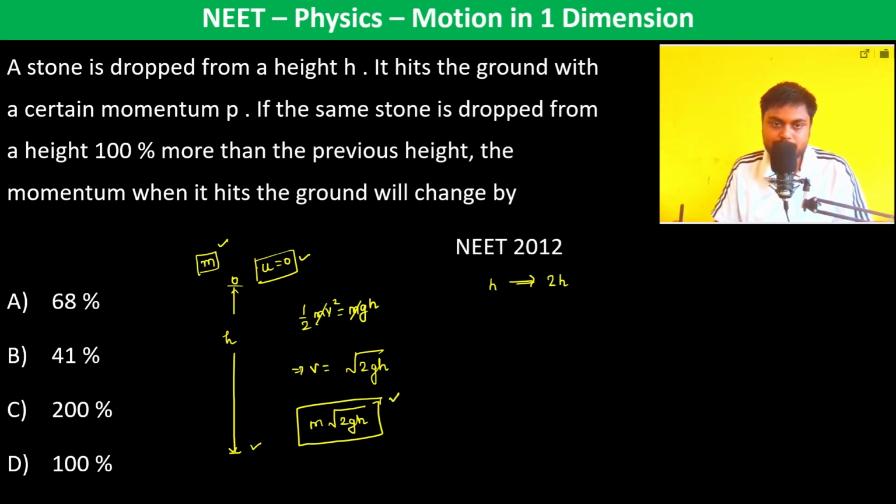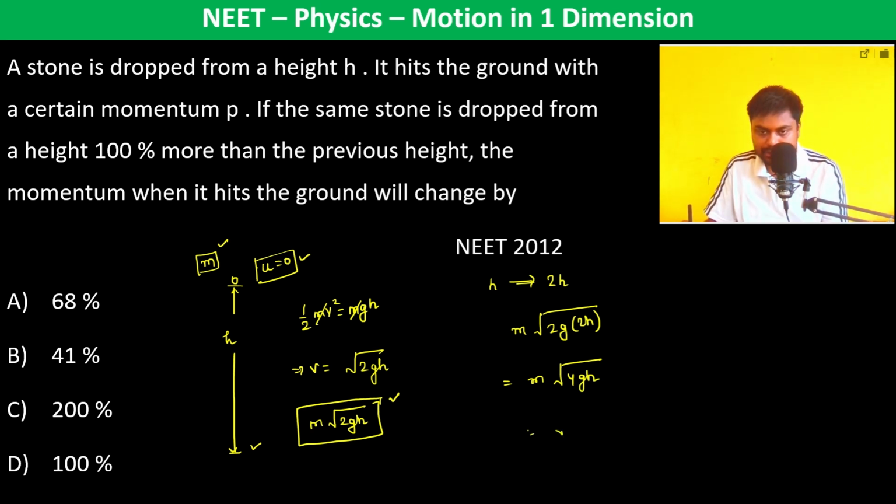The momentum when it hits the ground will now be m root over 2g into 2h, which is m root over 4gh, which is basically root 2 into m root 2gh, which was the previous momentum.